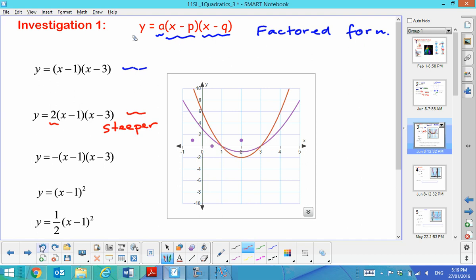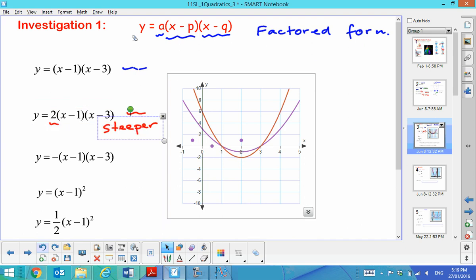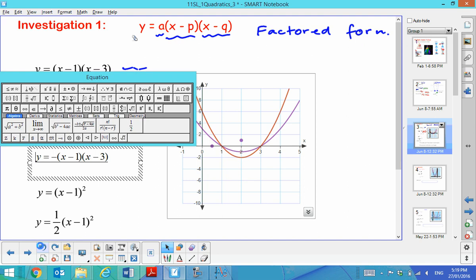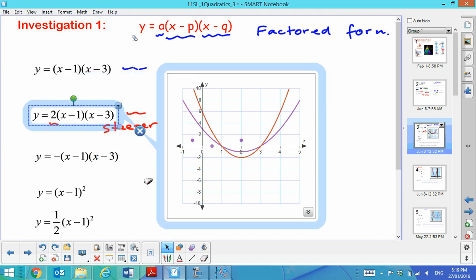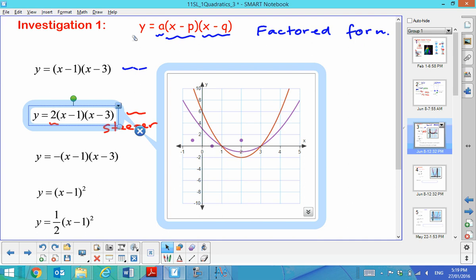Let's now look at the other graphs. So let me take that one off and let's put this one on. I need to make that one disappear.